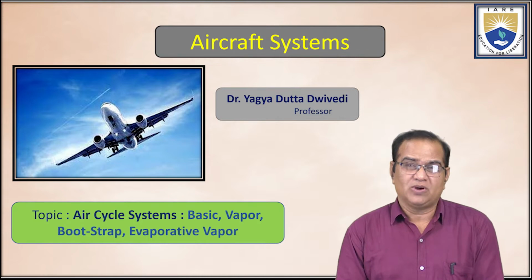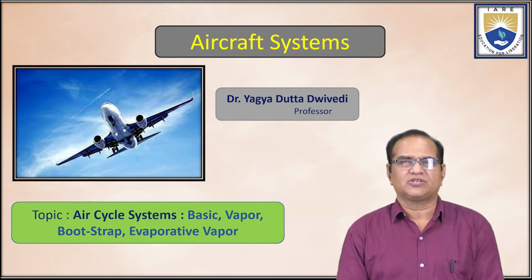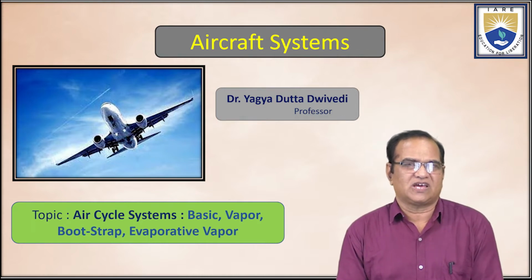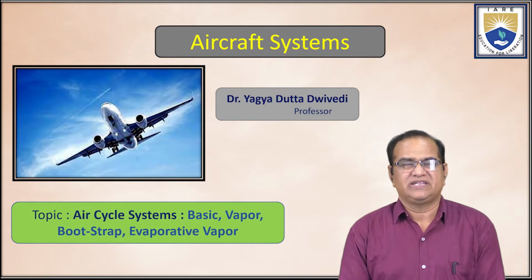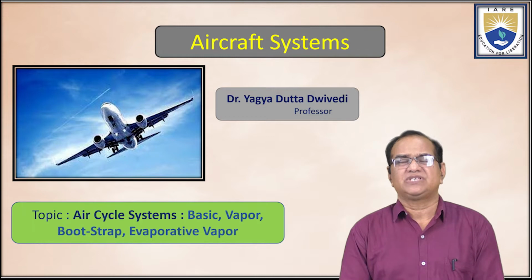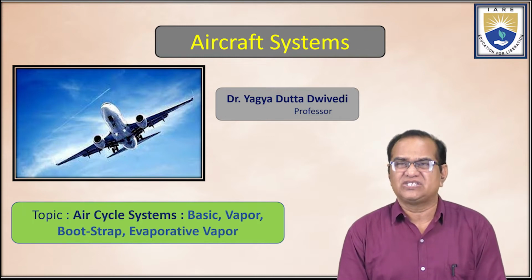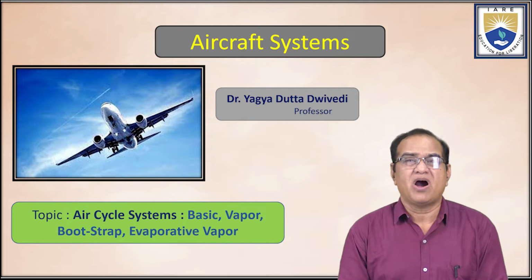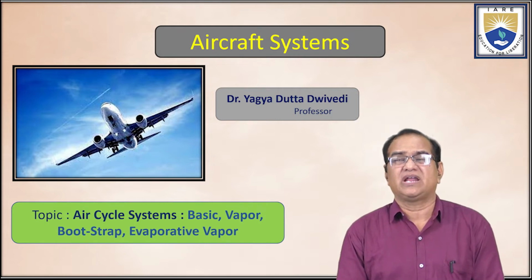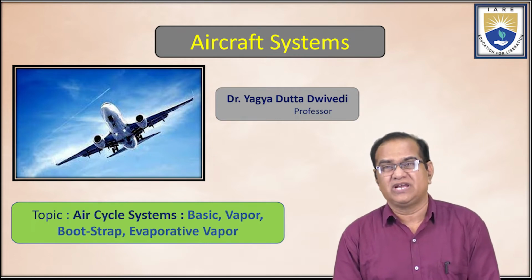Now I am in module 2, and in module 2 also I have already covered some 4 or 5 classes. First, I covered the electrical system. We have seen how the AC generator, DC generator, and power distribution work, and how power is converted from AC to DC.